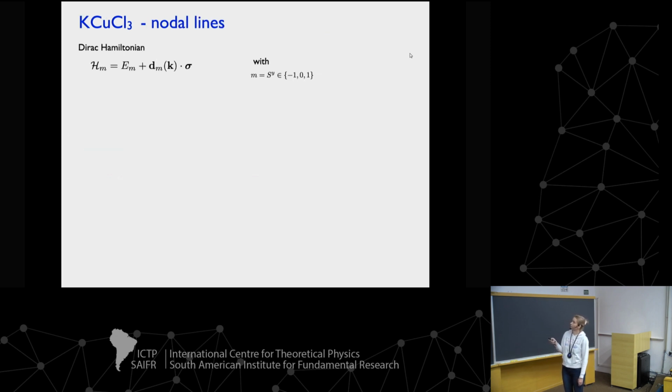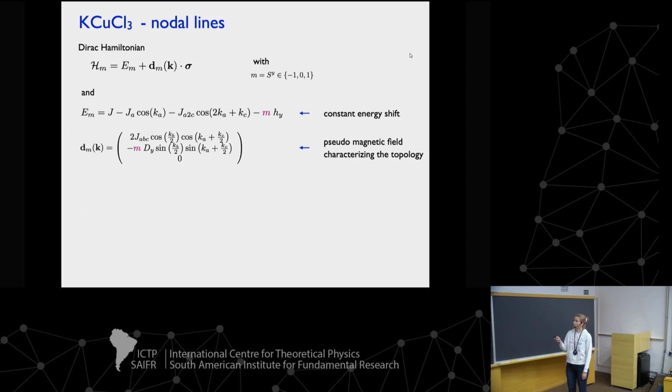Right, and that is very useful, because this is going to be our starting point, and then we're going to describe each of these sectors with a Dirac or Dirac-like Hamiltonian. That's easier to analyze, very similarly to the Shastry-Sutherland case. So we have this constant energy shift, and then the components of these D vectors are like this.